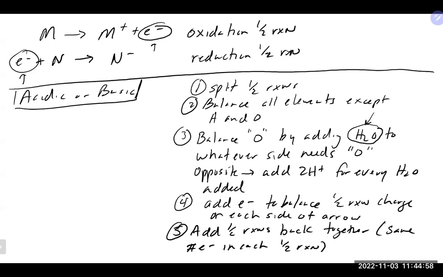The electrons should always completely cancel out, because the idea of a redox reaction is this: if somebody is being oxidized, somebody is definitely being reduced at the same time. They always happen together, and however many electrons the guy being oxidized loses is how many electrons the guy that's being reduced will gain. Once you do that, you are pretty much going to be balanced in acidic conditions.